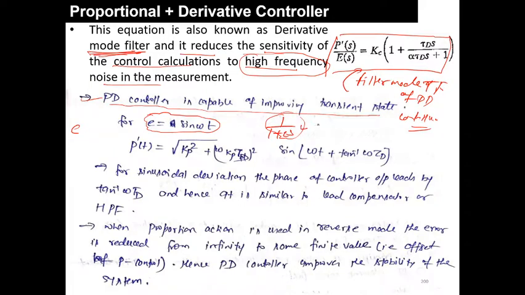And before that, what was it? The transfer function we are taking, 1 plus tau d s, Kc into 1 plus tau d s. So this is the controller, Kc into 1 plus tau d s, and then K upon 1 plus tau s.